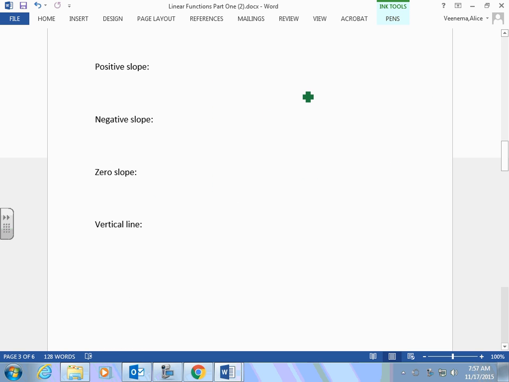So we already looked at what a positive slope meant, and really we could say it's when x, or whatever the coordinate variables are, increases. So whenever your independent variable increases, the dependent variable will also increase. So when x increases, y also increases, gives us a positive slope.